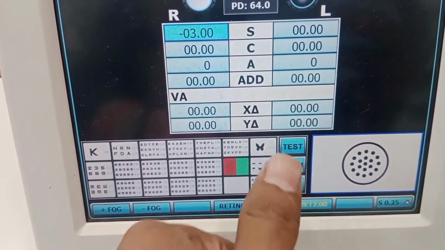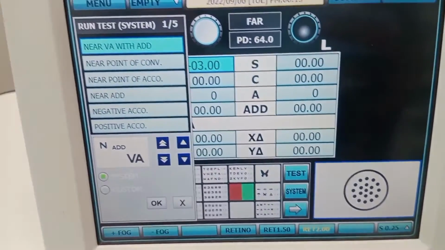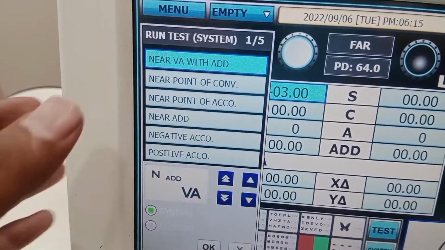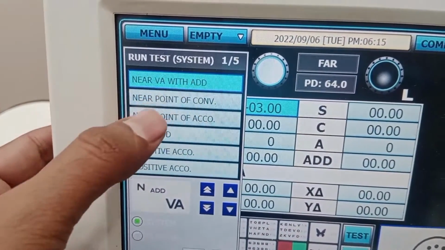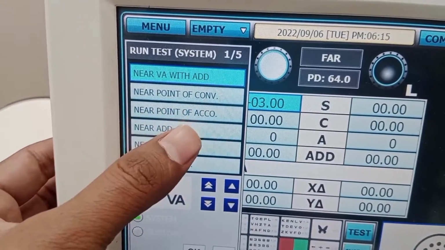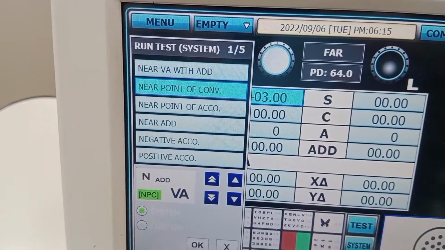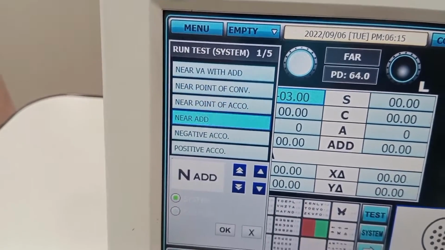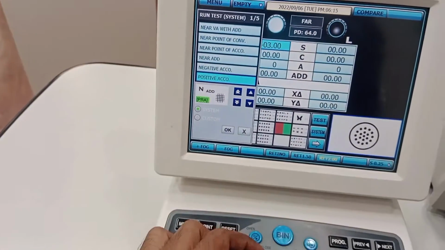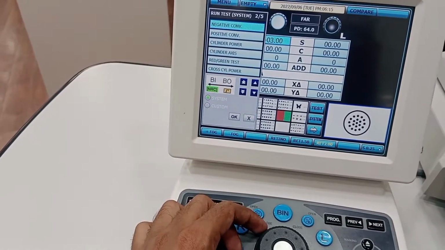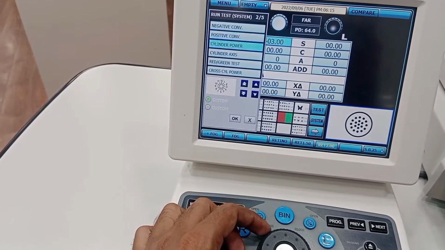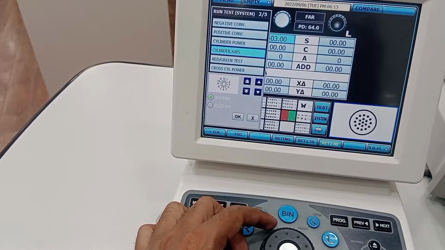So I will go into the tests, and you can see here are different tests: near visual acuity with add, near point of convergence, near point of accommodation, near add, negative accommodation, positive accommodation. And if I come down, I'm rotating this joystick, and we have different tests we will discuss later.